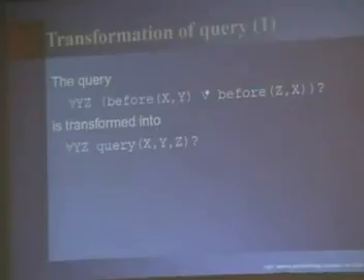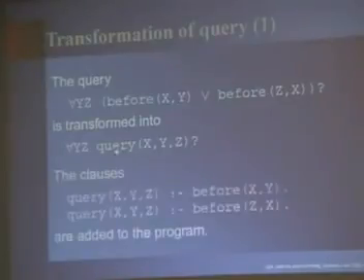Basically, assume that you have a query of this form where you have many occurrences of conjunction, disjunction, and negation. So you see that this query consists of a conjunction of two subformulas. The first formula is atomic, and the second formula is more complex. So what you will do is introduce a new predicate symbol to represent this node.